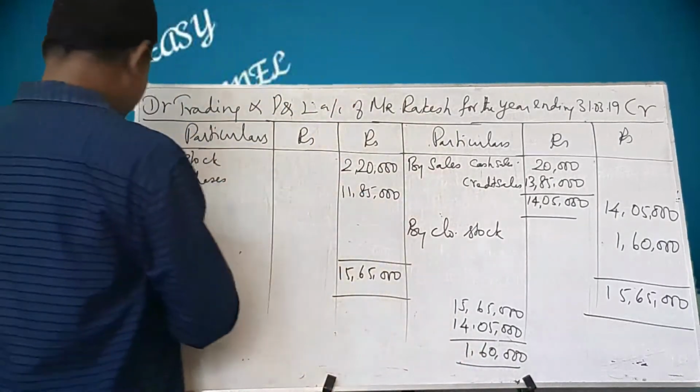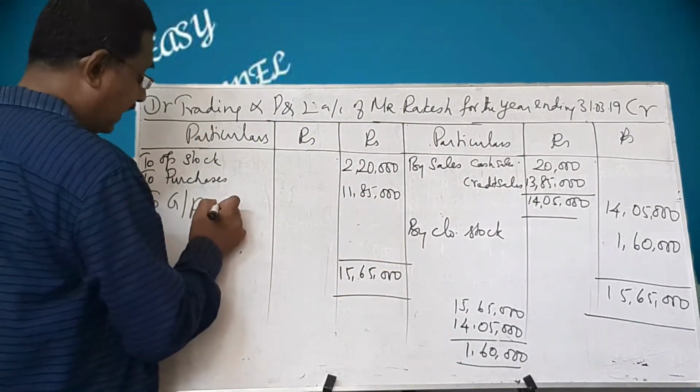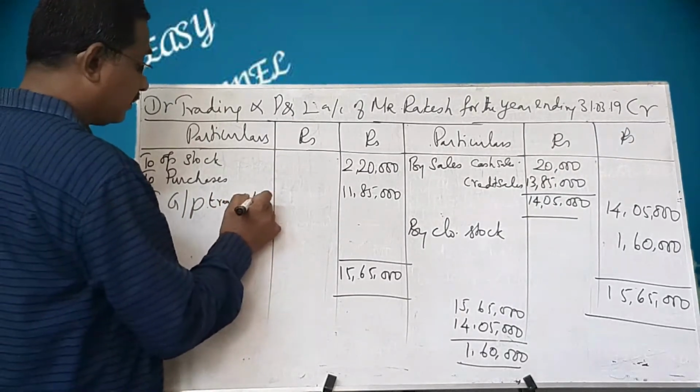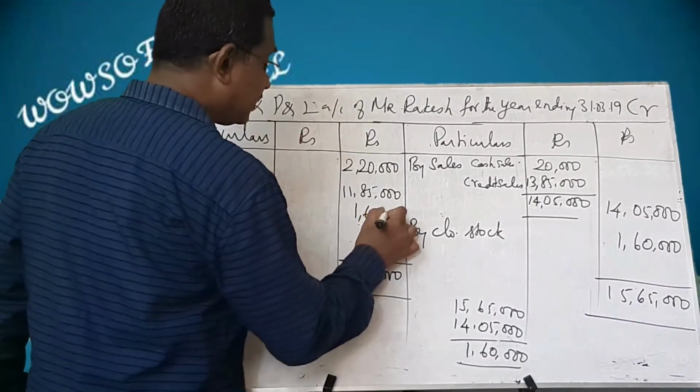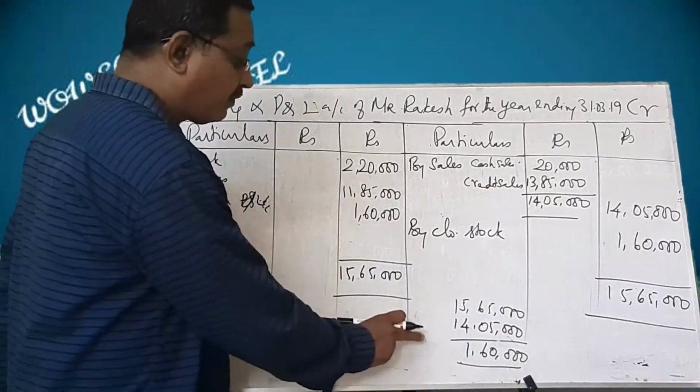And this is the gross profit, and the gross profit is transferred to the P&L account, that comes to 1,60,000.